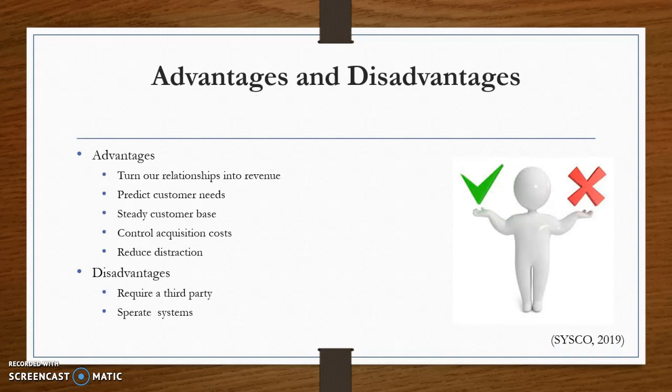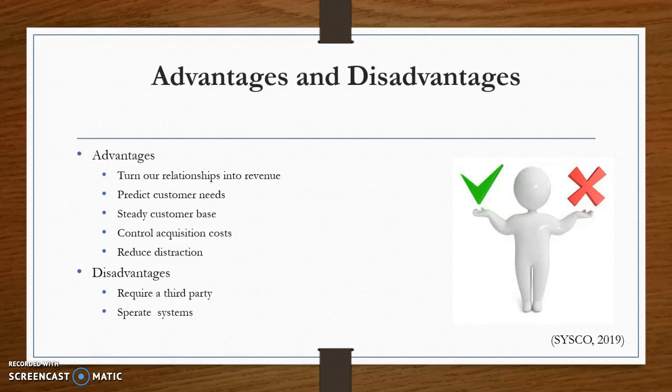The advantages and disadvantages of the systems that were chosen are that it will allow us to turn our relationships with our customers into revenue. This system will be used to predict customer needs and enable us to give them the personal attention that will lead to a steady customer base. With the built-in digital intelligence and automated business processes, we will be able to increase our revenue and control acquisition costs.